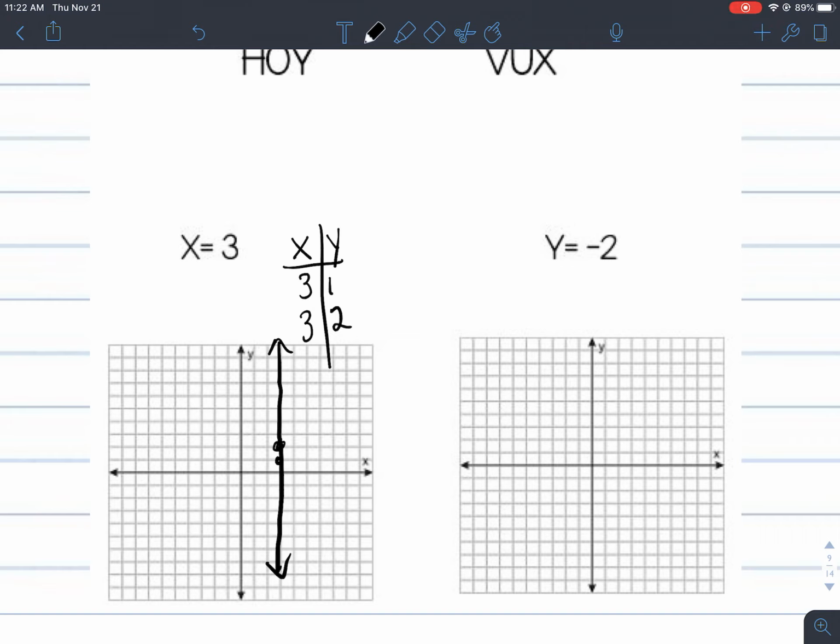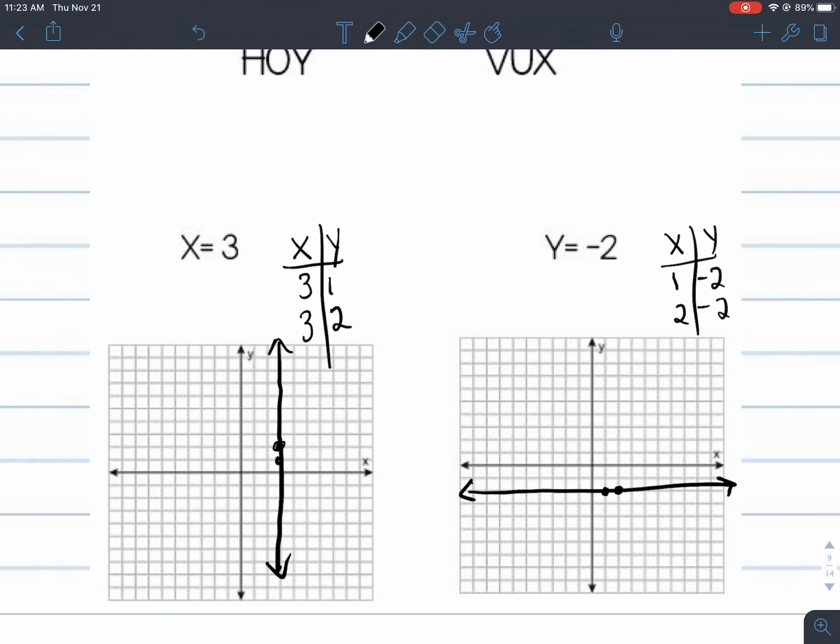So if it's just a number, you're going to create a line where all of your x's are 3. The same thing with this one here. We're going to create a line where all of my y's are negative 2. So it's going to kind of flat line on negative 2. So 1, negative 2, 2, negative 2, 3, negative 2. It's going to be every point that's on this line.